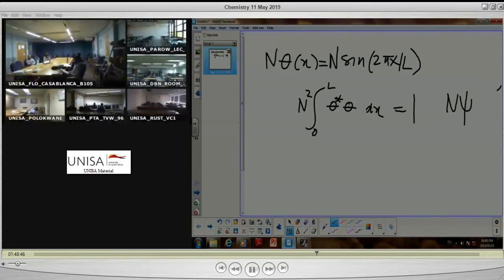This is going to be N squared, and we have sine squared of 2 pi x, dx.